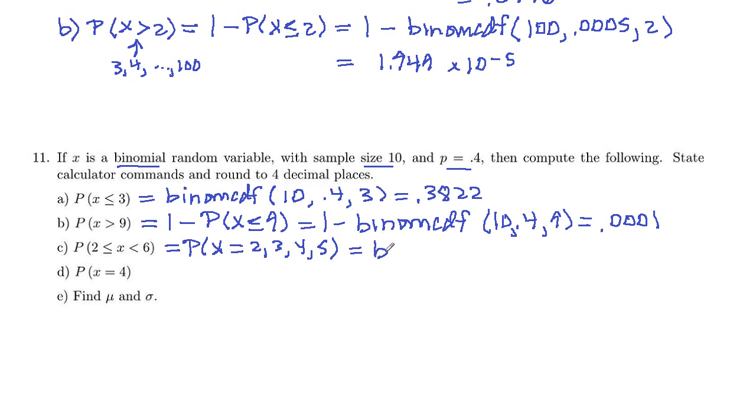So less than or equal to 5 would be binom CDF, 10, 0.4, 5. So that's the probability of 0 or 1 or 2, 3, 4, or 5. And then subtract out binom CDF, and then this will be 10, 0.4, 1.